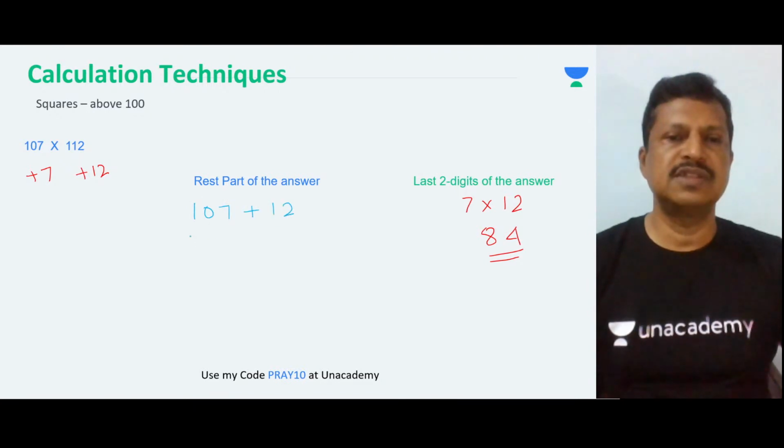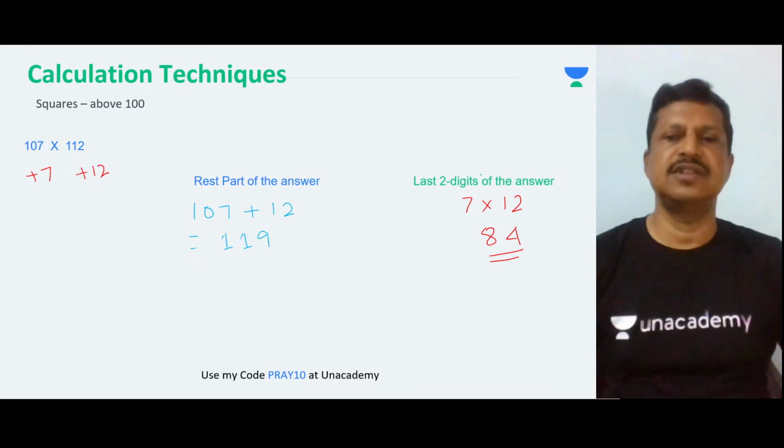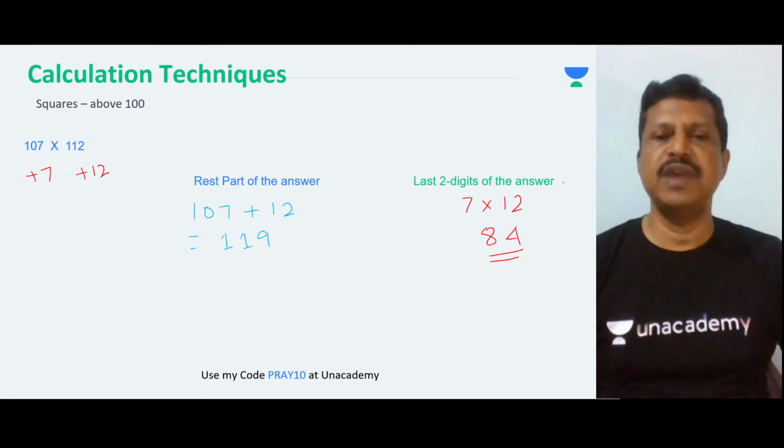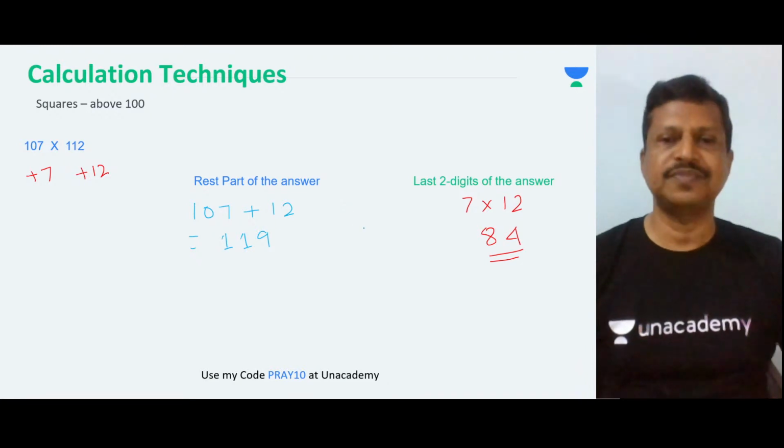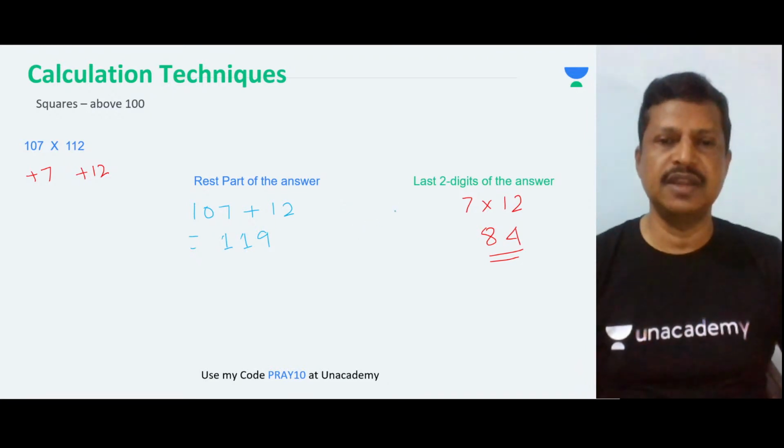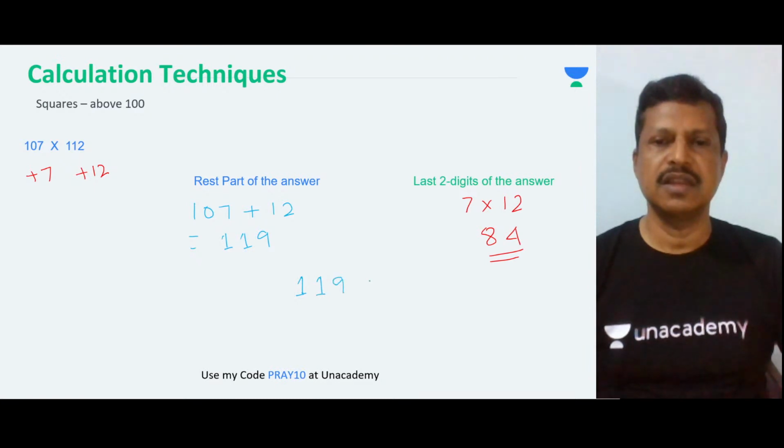This gives you 119. So what is the final answer? The last two digits will be 84 and the rest part of the answer is 119. So the final answer comes out to be 11984.